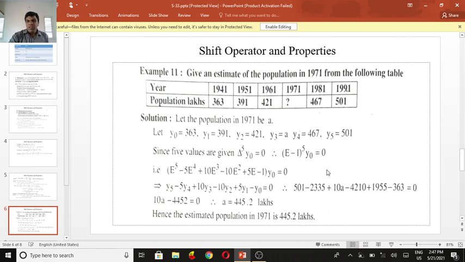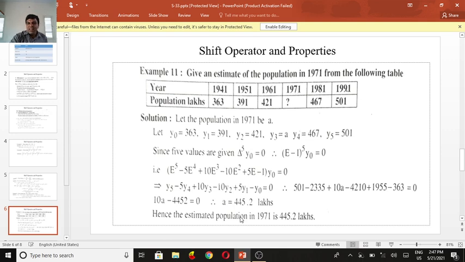Again simplifying, if we add totally we get 501 minus 2335 minus 4210 plus 1955 minus 363 lakhs. So we get 10a minus 4452, so a equals 445.2 lakhs. That is the population in 1971.